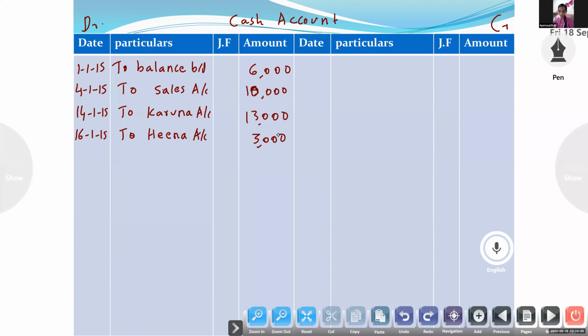That is cash account debit to Tarun account. Debit side, to Tarun account. Amount 1,000, cash received, 10,000, no? Yes, 10,000.